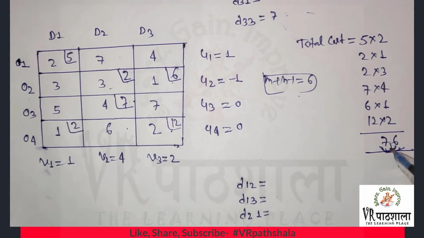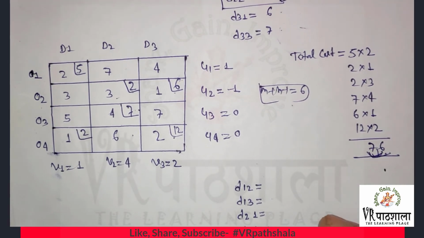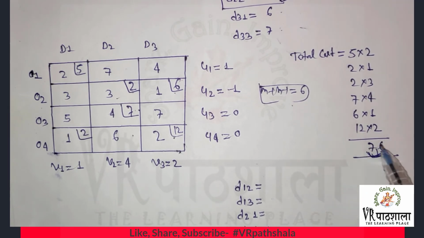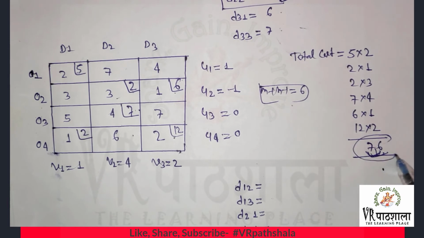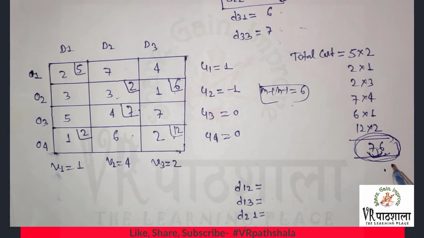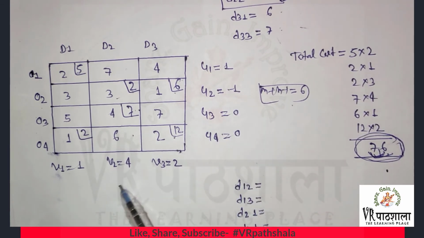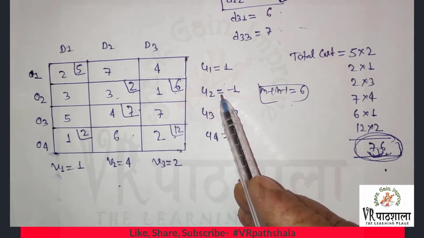Now we will apply the UV method again to test whether this cost is optimum, whether this cost is minimum. So repeat the previous method. How do we find U and V? See my previous lecture.